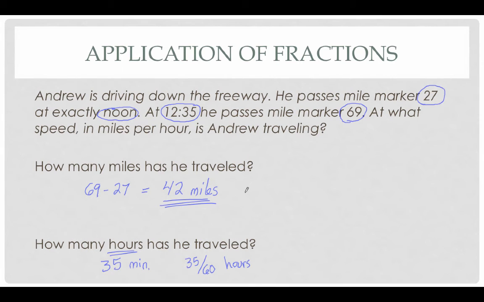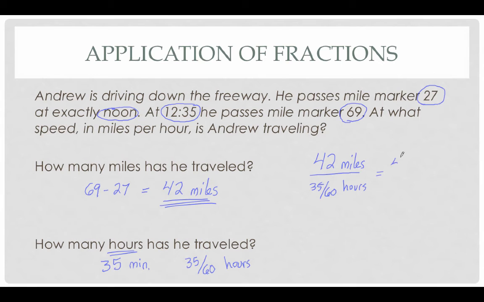Let's see. Well, his speed now is 42 miles per 35/60 hours. And I need to do this division problem. What is 42 divided by 35 over 60? Let's rewrite this a little bit differently.